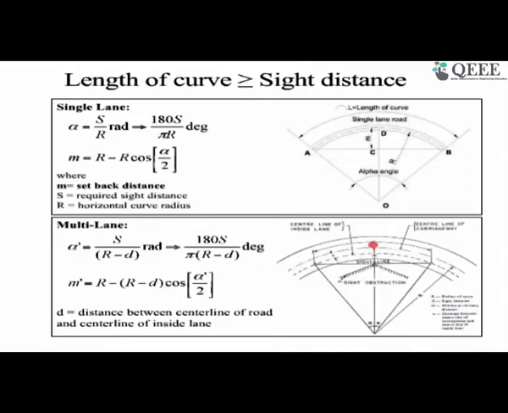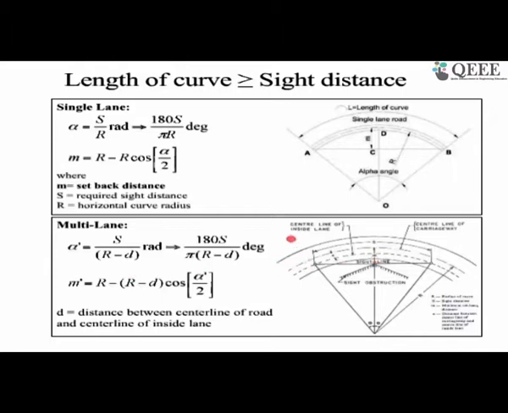D is the distance between the center line of the roadway and the center line of the innermost lane. If you have two lanes, one lane on this side, one lane on this side, your center is here. From there, D is going to be 3.5 meter divided by 2. So that is your D.